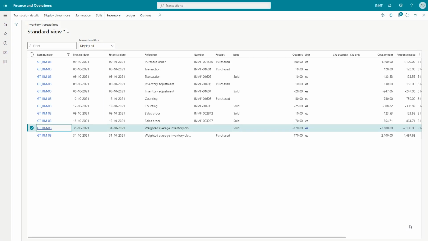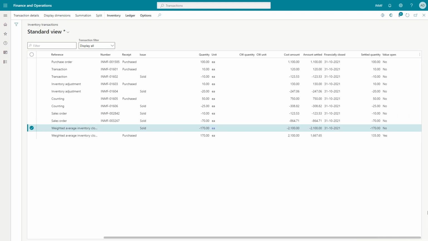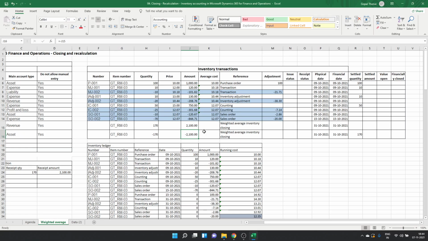So I'm adding this many things into this inventory transaction. If you see on this issue transaction, all the 170 quantities are settled. So I have made a mistake, minus 170.